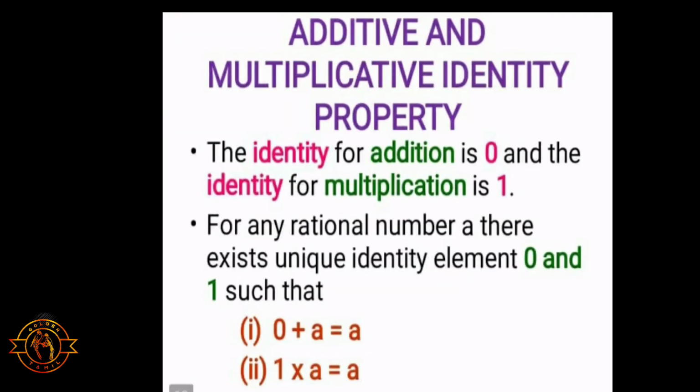The identity for addition is 0 and the identity for multiplication is 1. For any rational number a, there exists a unique identity element 0 and 1 such that 0 plus a is equal to a and 1 into a is equal to a.